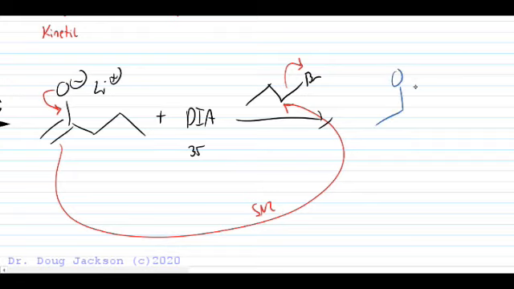And what have we done? We've reformed the carbonyl, and we've attached 1, 2, 3 new carbons to our alpha carbon. So there's our 3 carbons from the alkyl group. Here's the alpha carbon that we see. We've alkylated that ketone using the kinetic enolate.